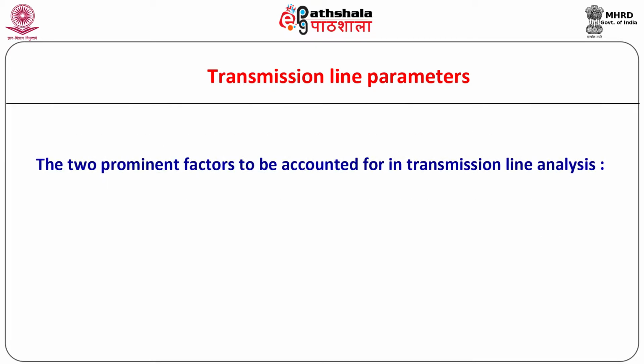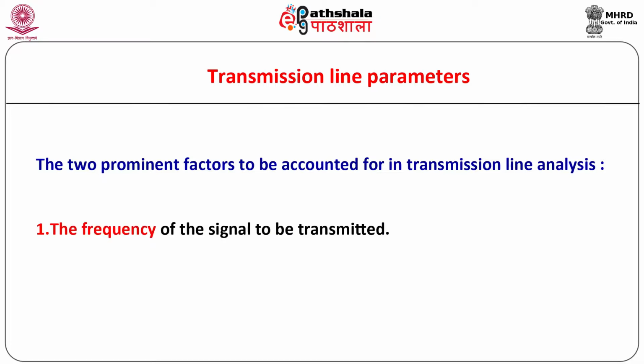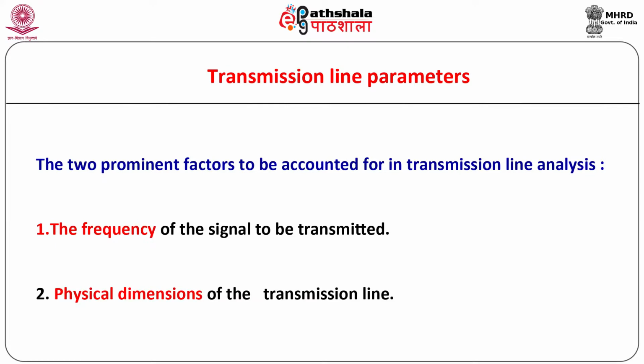In one of the earlier modules, we have discussed the concept of lumped and distributed components. While analyzing transmission lines, we have to take cognizance of this aspect. The frequency of the signal to be transmitted and physical dimensions of the transmission line are the two prominent factors to be accounted for in such analysis.